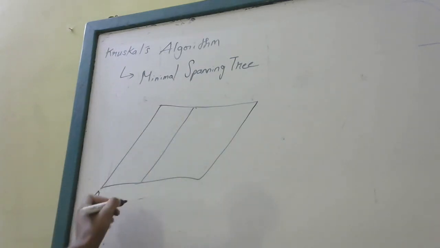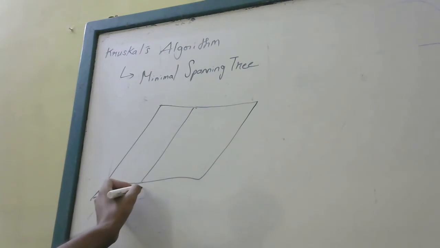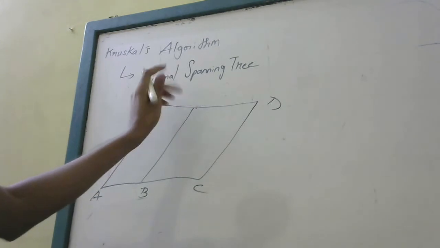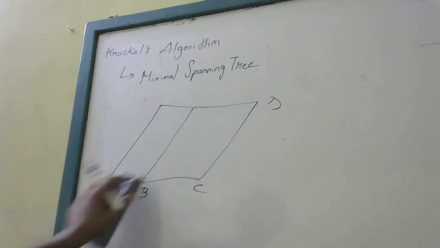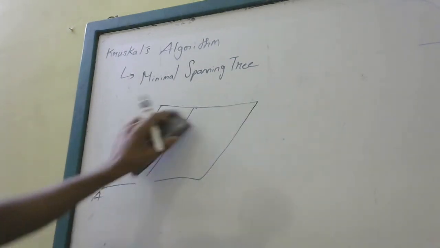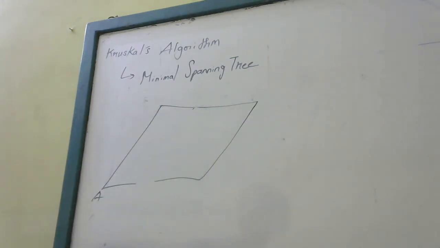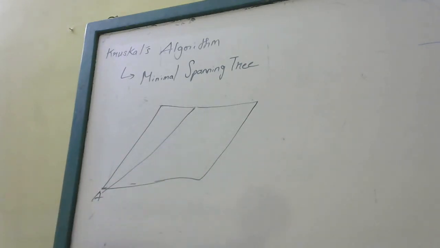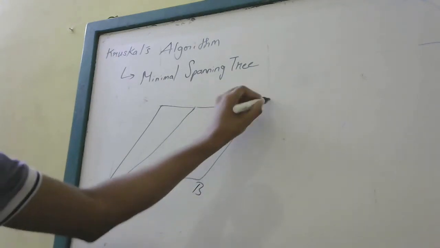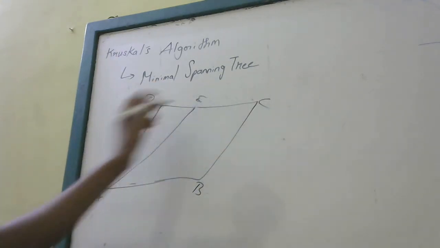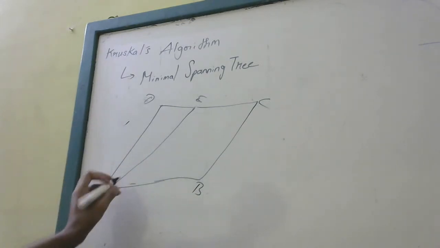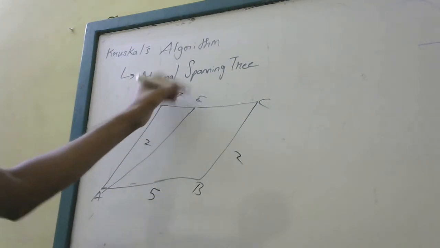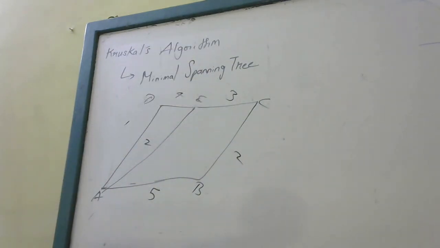I'll name the vertices A, B, C, D, and E. And let the edge weights be 1, 2, 5, 4, and 3. So now we have got the graph.